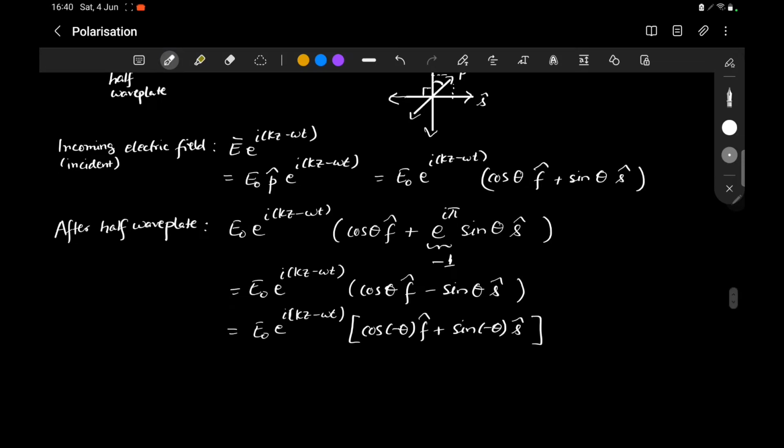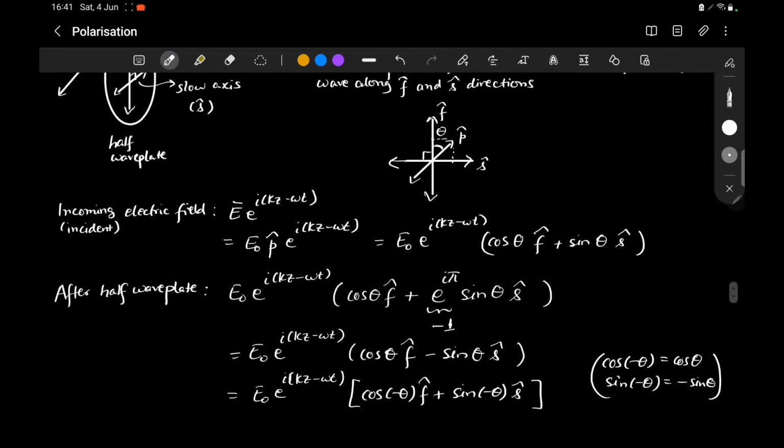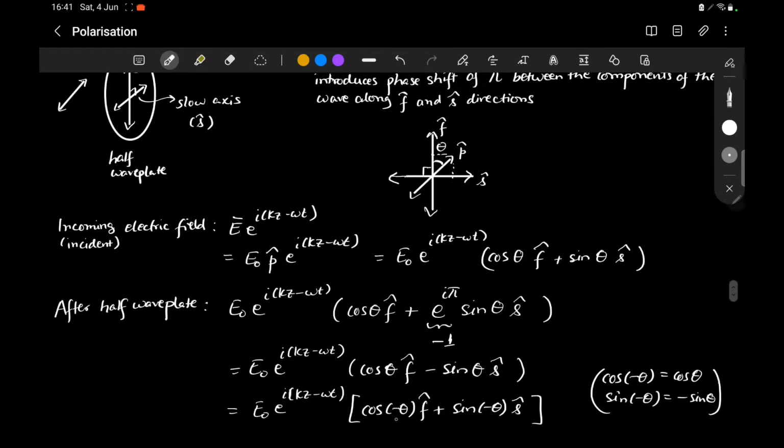So using those trigonometric identities, we have rewritten this as follows. So we see that the half wave plate has essentially mirrored the wave's polarization. So this is minus theta. Incoming wave had cosine theta and sine theta. Now we have cosine minus theta and sine minus theta.